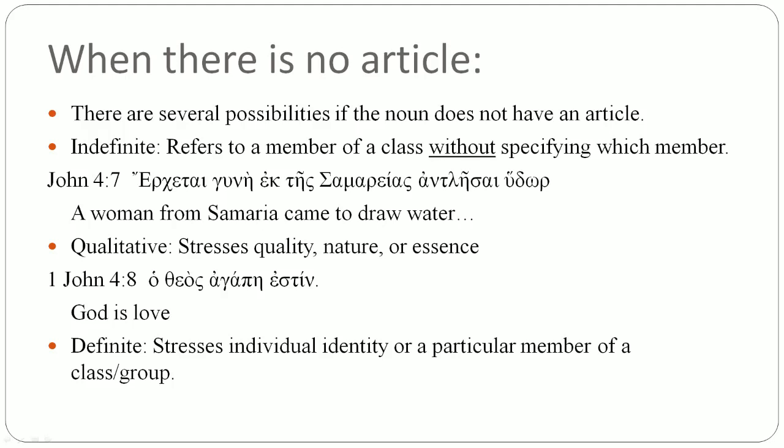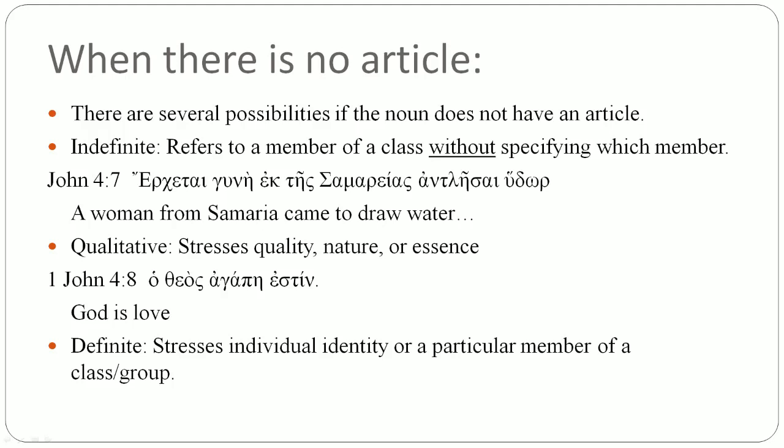But who is it? It's a woman, gyne. Notice it doesn't say he gyne. It's just erchetai gyne. A woman from Samaria came to draw water. Because there is no article with gyne, we can assume that this is going to be indefinite. Another possibility is that this could be a qualitative use of this non-article, really, pointing out that the noun is qualitative.